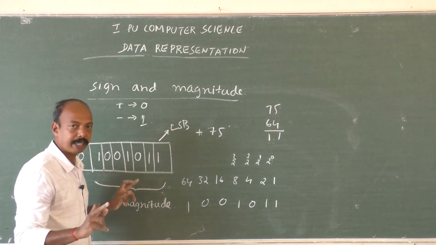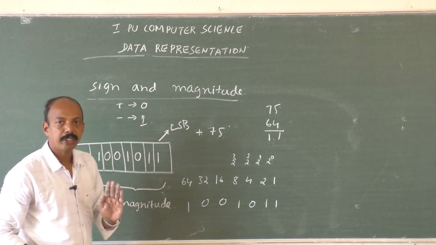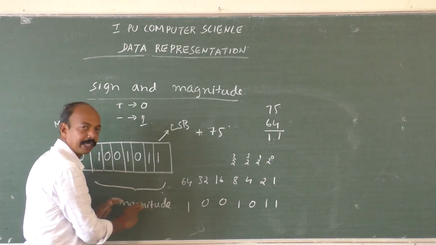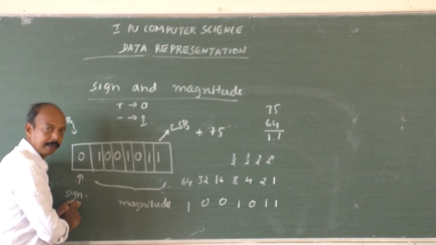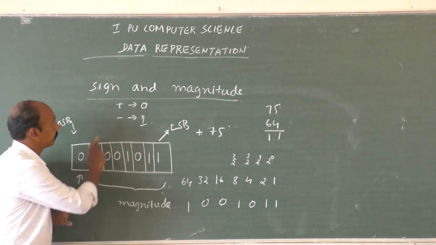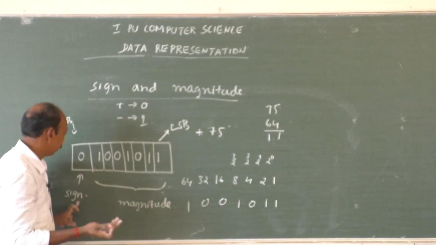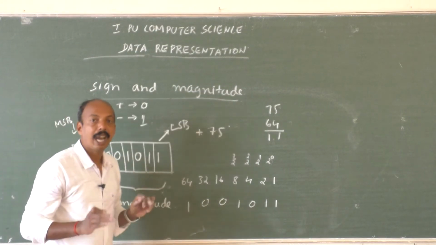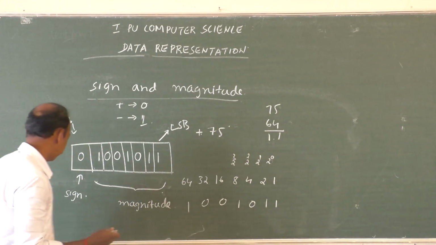Out of 8 bits, we are using 7 bits to represent the magnitude and 1 bit to represent the sign. Remember, this is sign and magnitude. If you want to represent only the magnitude, then we are not representing a signed number. In that case, that will be an unsigned number. Don't get confused. Once again, we shall talk about that.